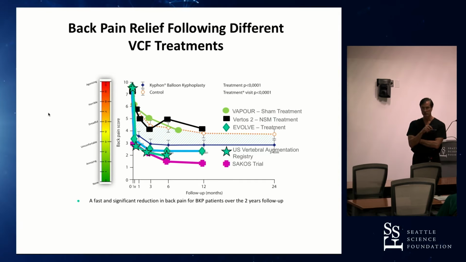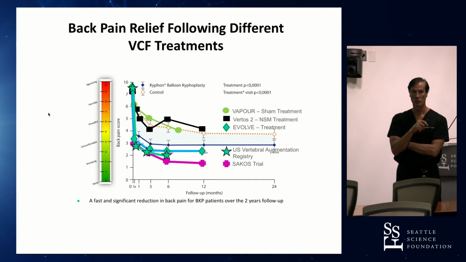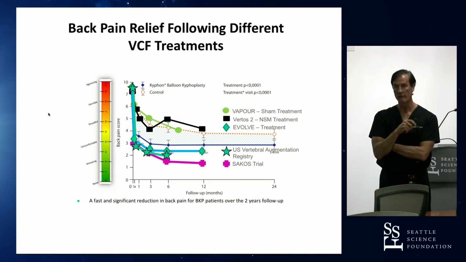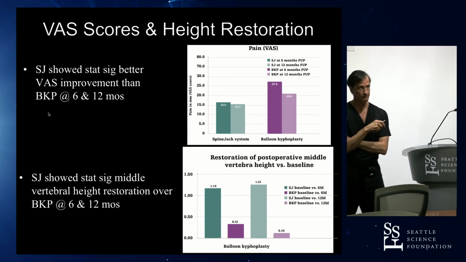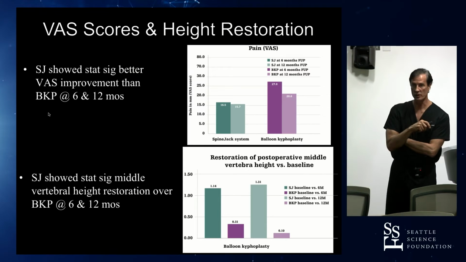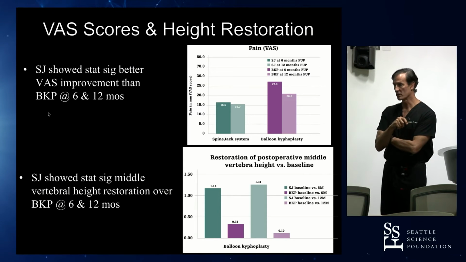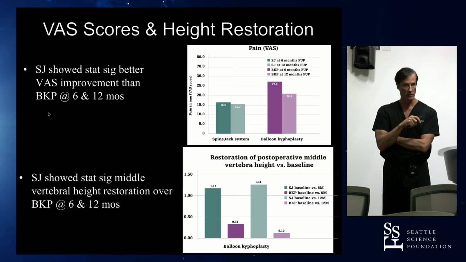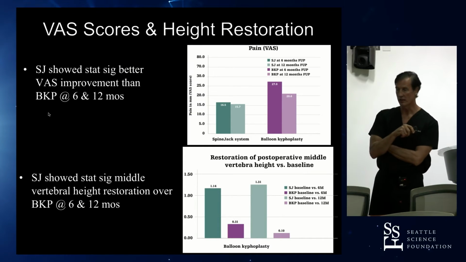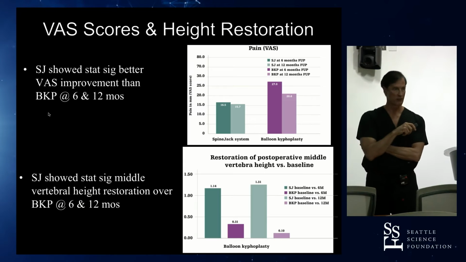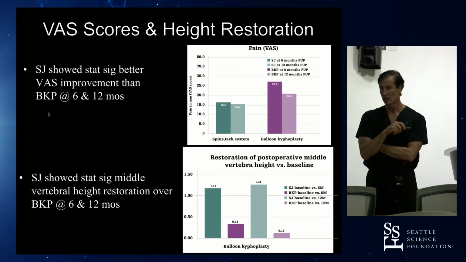SpineJack, better. One of the differences in the SAKOS trial was a difference in pain. And so, as I mentioned, statistically significant reduction in pain, although the system is considerably bigger. The 5.8 millimeter implant is a 4-gauge needle. So it's big.